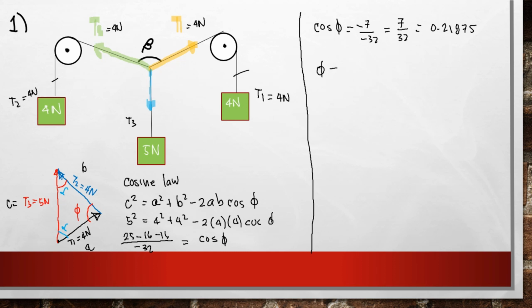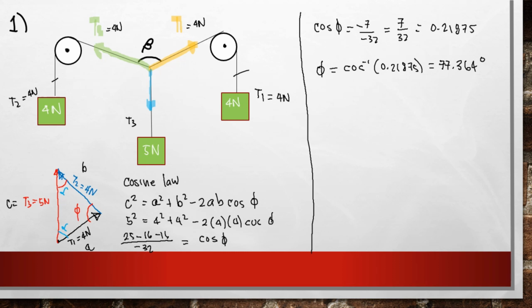Therefore, phi is equal to the arc cosine of 0.21875, and that will be equal to inverse cosine of the answer, 77.364 degrees. So that is our phi.